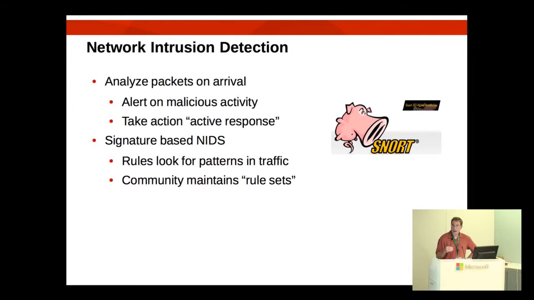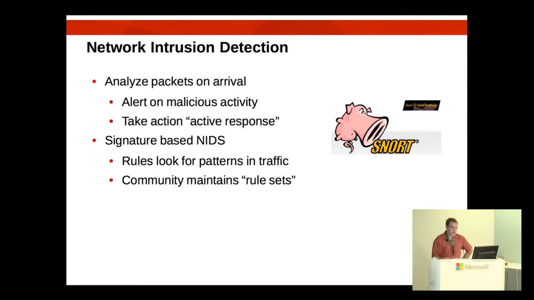Network intrusion detection systems come in two flavors generally. There's what's called the so-called signature-based NIDS, and what those do is they have rule sets. And those rule sets are defined patterns to look for in packets. I'll have an example in a moment.